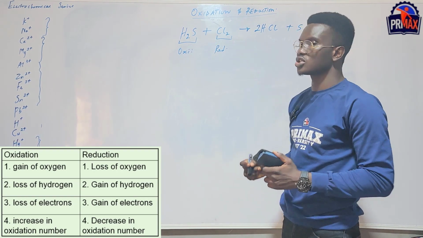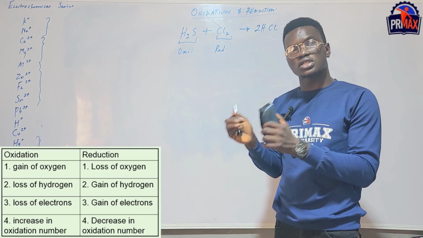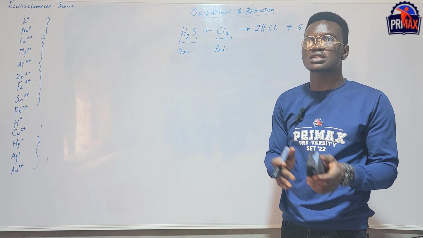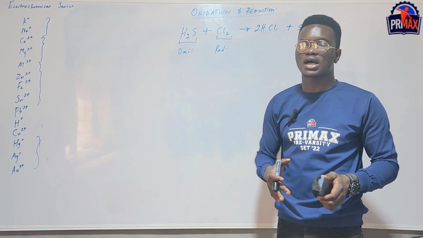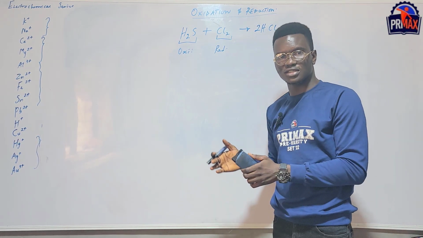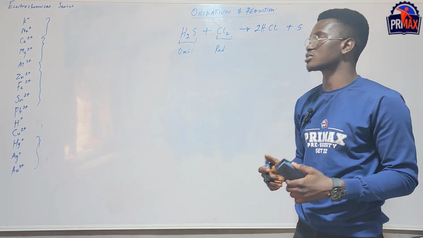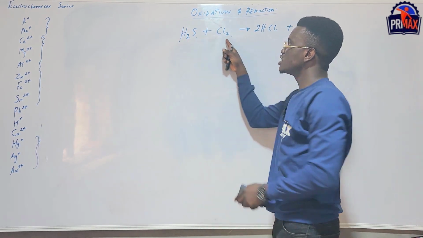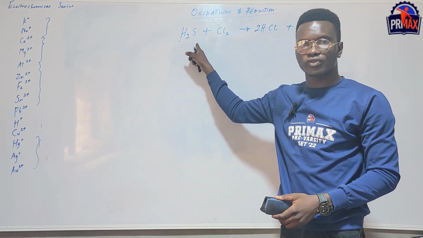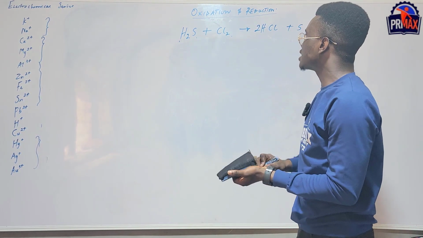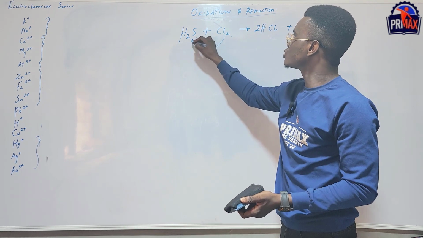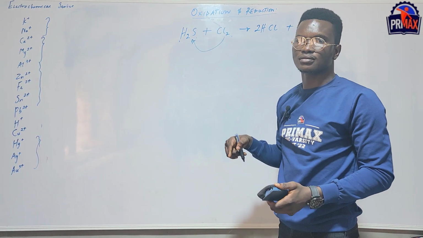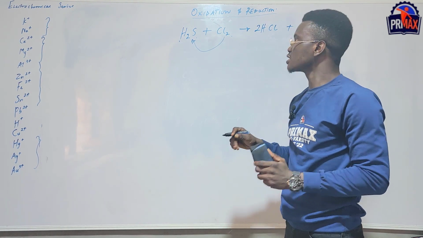Now, another definition is that oxidation is the addition of a highly electronegative element, while reduction is the removal of a highly electronegative element. So let's check this out. From what we have in this equation, we all know that chlorine is more electronegative than sulfur, right? So when we are adding chlorine to this one, that means we are adding a highly electronegative element to it.